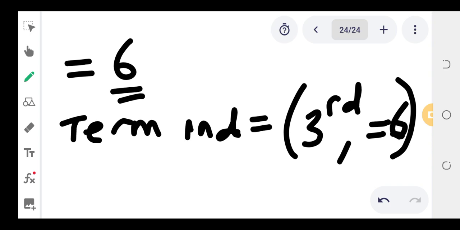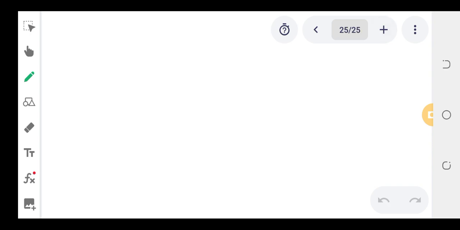Let's say it is raised to a very large power, and they ask you to look for a term. You have to look for a term.